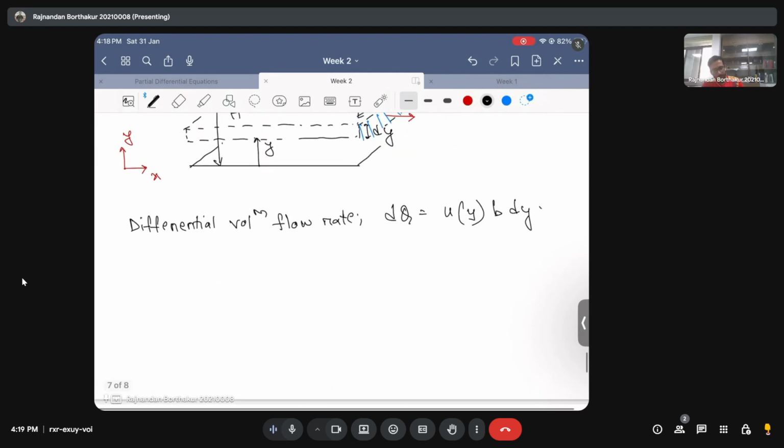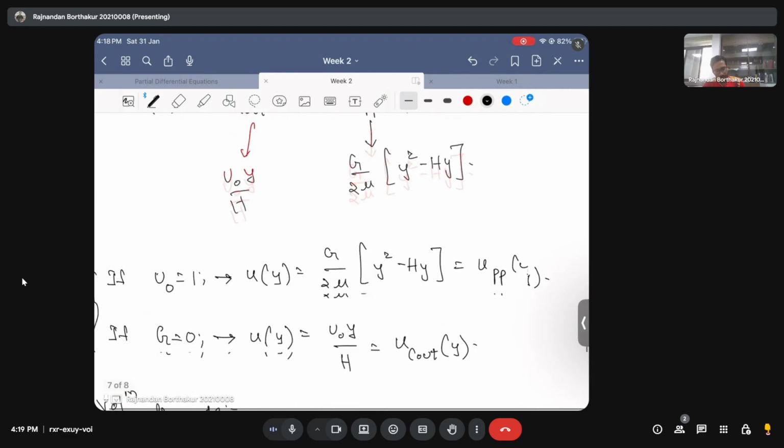If this is the differential volume flow rate, then the total volume flow rate that you will get is just the integral from 0 to h of u(y) b dy. And we know what u(y) is, right?